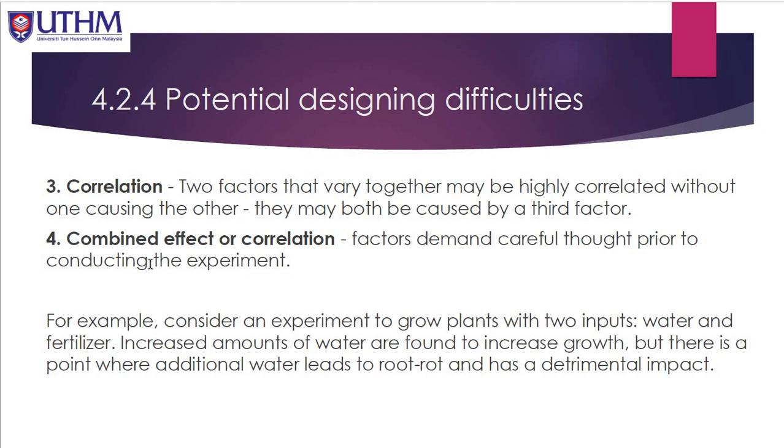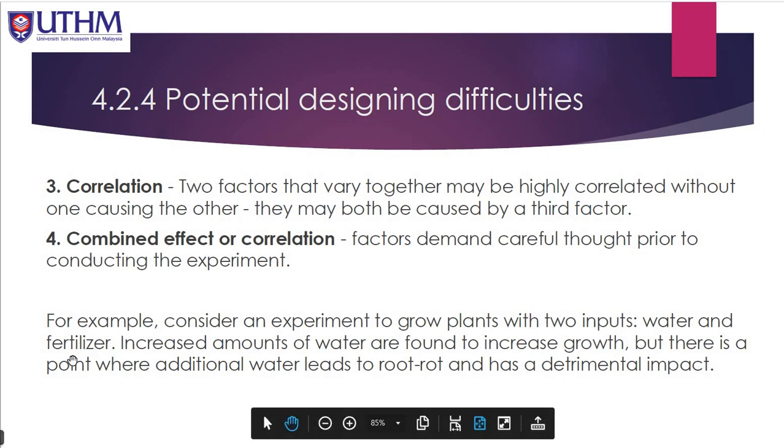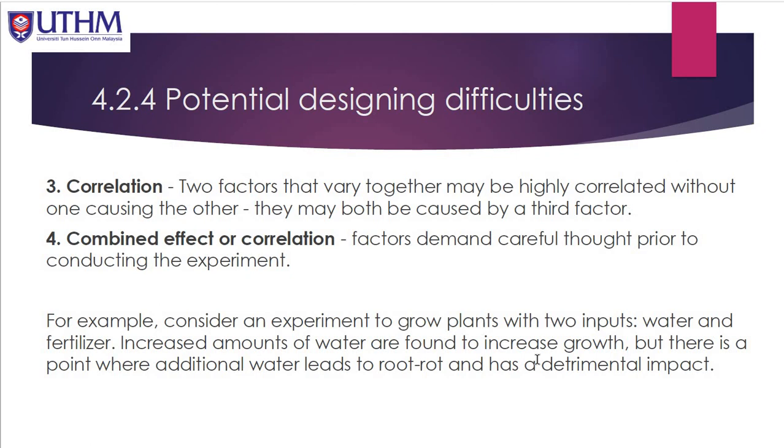Let's say, for example, consider an experiment to grow plants with two inputs, water and fertilizer. Increased amounts of water are found to increase the growth, but there is a point where additional water leads to root rot and has a detrimental impact. So it's true that the plants need water and fertilizer, but you cannot put too much. For example, 1 to 2 spoons for every 2 weeks.